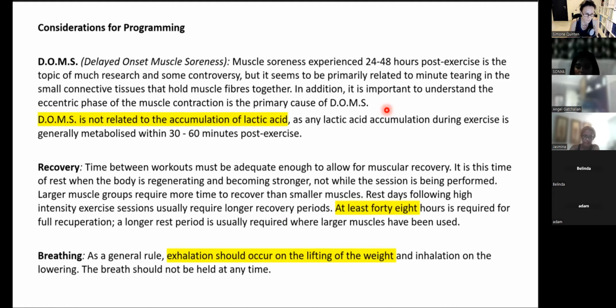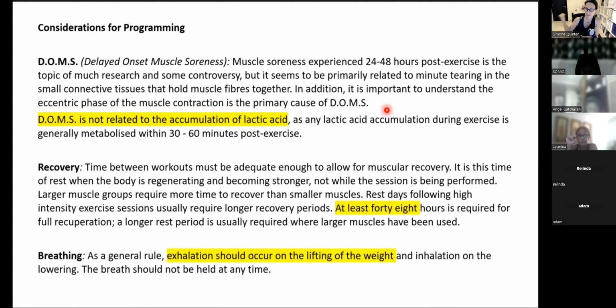When you exercise and you create more lactic acid than your body can get rid of, then you need to stop exercising. That is where you feel the burn.